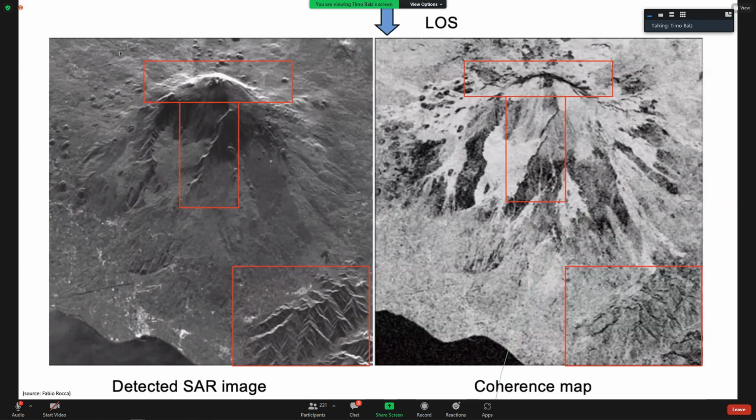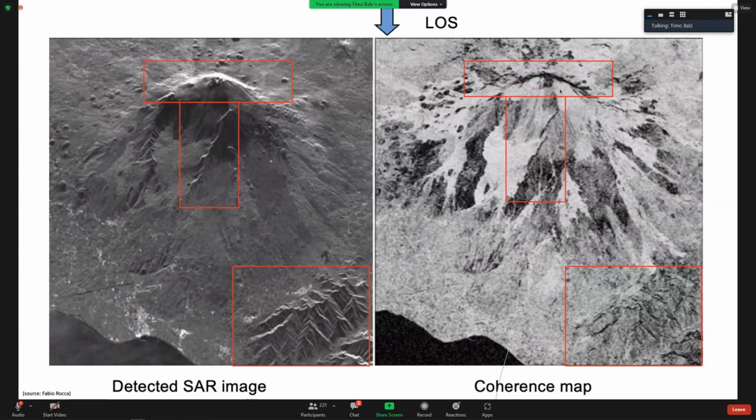Right, there's another example here where we see rather low coherence due to the foreshortening, like this one. So the line of sight is in this direction.